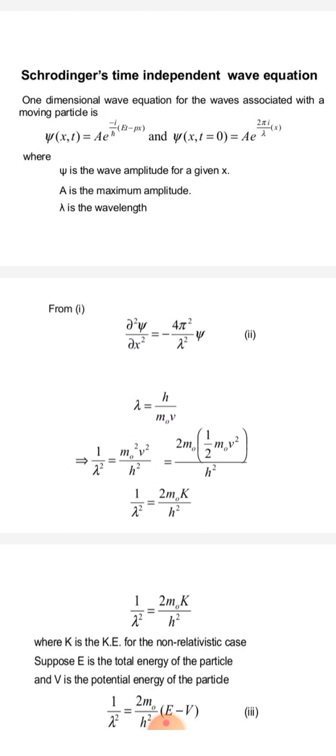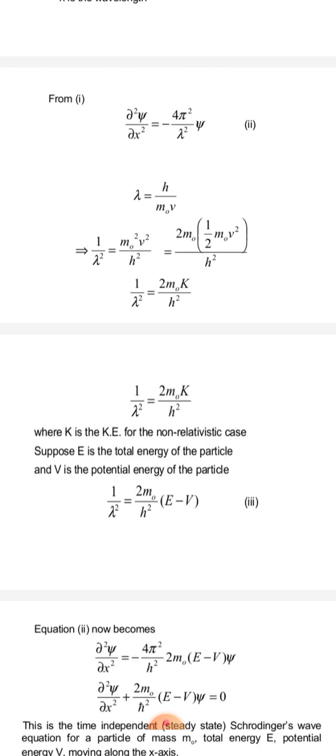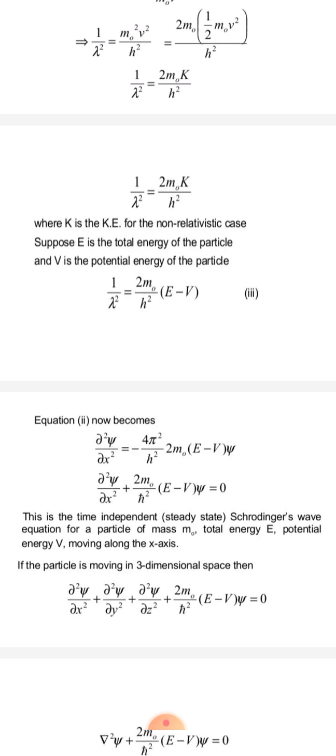Lambda equals h by m naught v, 1 by lambda squared equals m naught squared v squared divided by h squared, equals 2 m naught times (1 by 2 m naught v squared) divided by h squared, so 1 by lambda squared equals 2 m naught K by h squared, where K is the kinetic energy of the non-relativistic case, E is the total energy of the particle, and V is the potential energy of the particle. 1 by lambda squared equals 2 m naught divided by h squared times (E minus V). Equation 3.